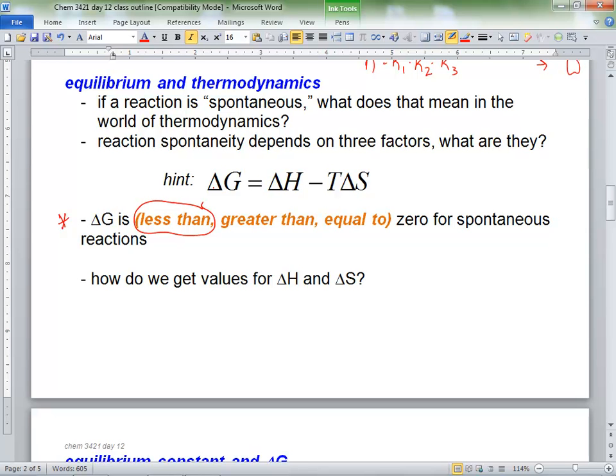Reaction spontaneity depends on 3 factors. What are those 3 factors? Right? And here's our hint. Somebody help her? Temperature.